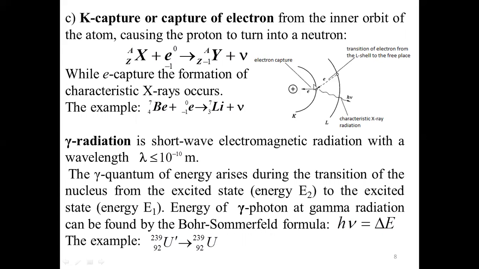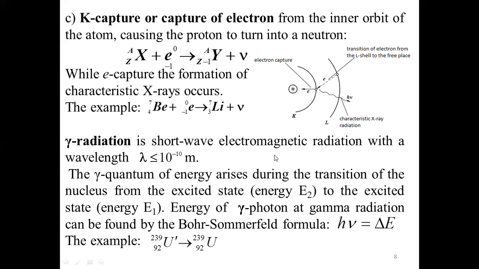So we have electron capture by our nucleus with a schematic reaction. While the electron is captured, the formation of characteristic X-rays occurs. For example, for beryllium, we have a capture of an electron from the inner orbit with formation of lithium-7 and X-ray characteristic radiation.